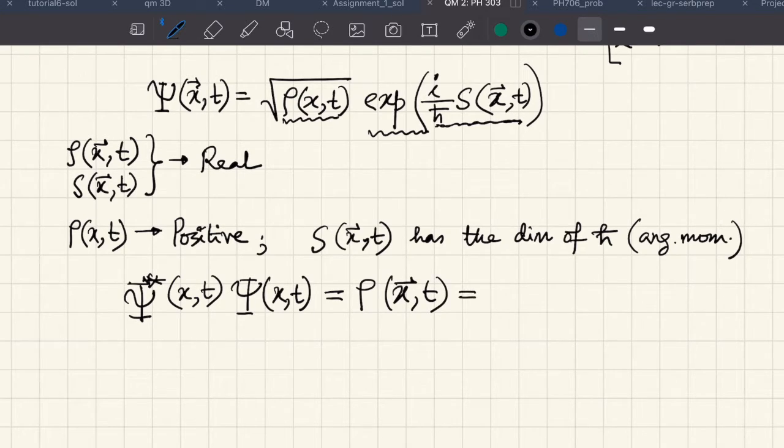So this is nothing but mod of psi of x,t squared. So this is clearly the probability density.